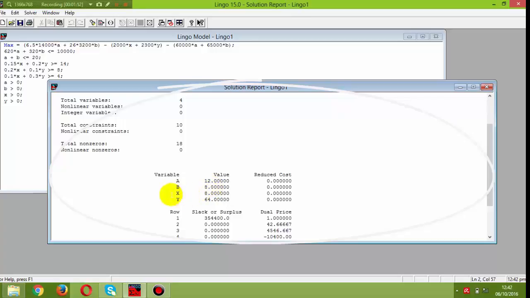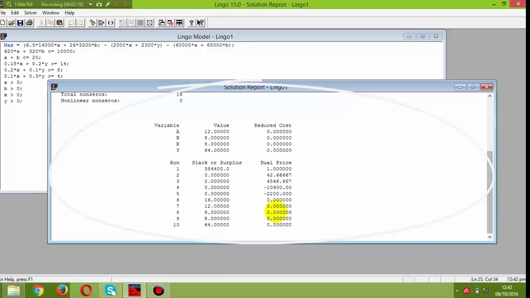And then there are X and Y. X is the amount of Ponska brand we use, and Y is the amount of Pelangi brand. So the farmer needs 8 sacks of Ponska and 65 sacks of Pelangi brand. Here's the iteration.